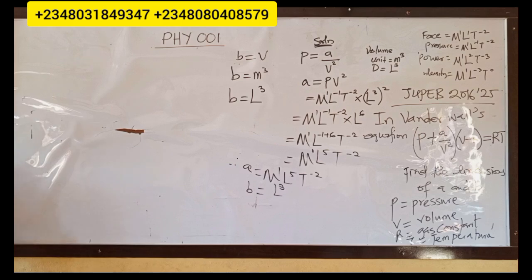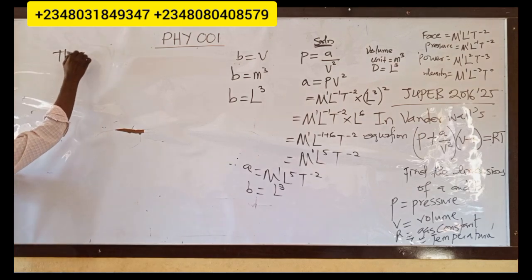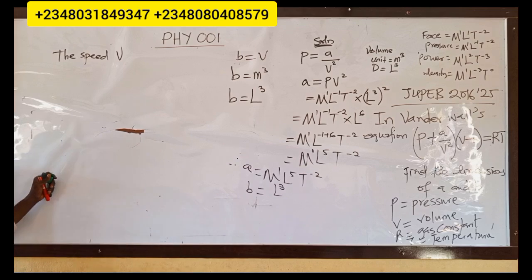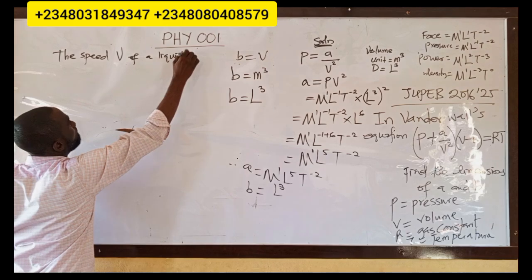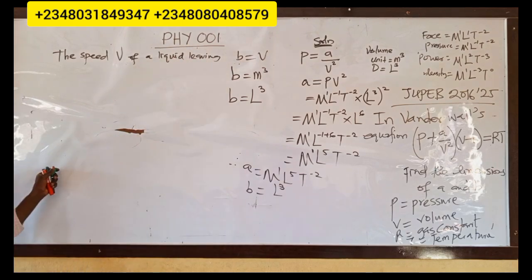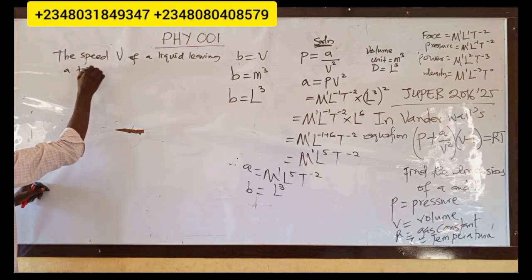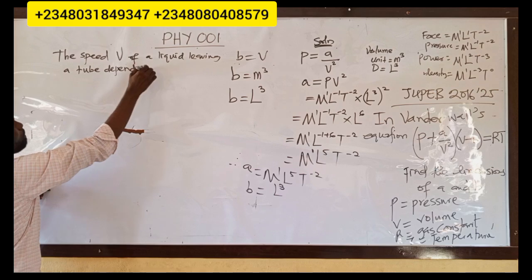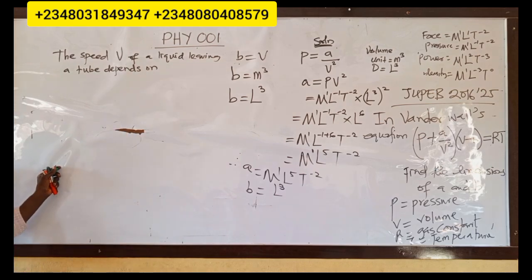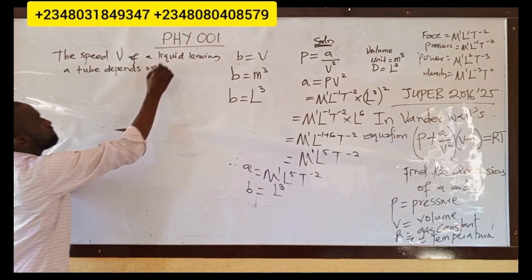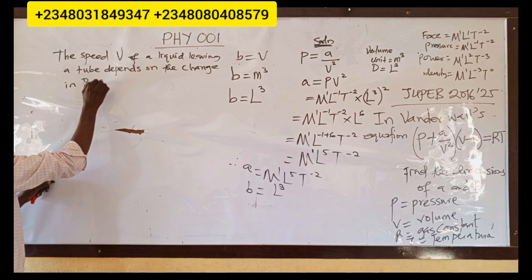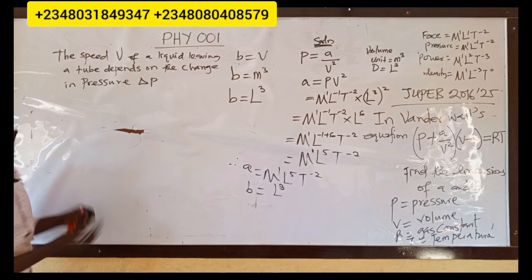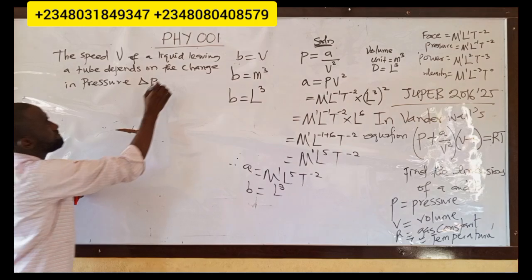The speed V of a liquid leaving a tube depends on the change in pressure, P, and the density.